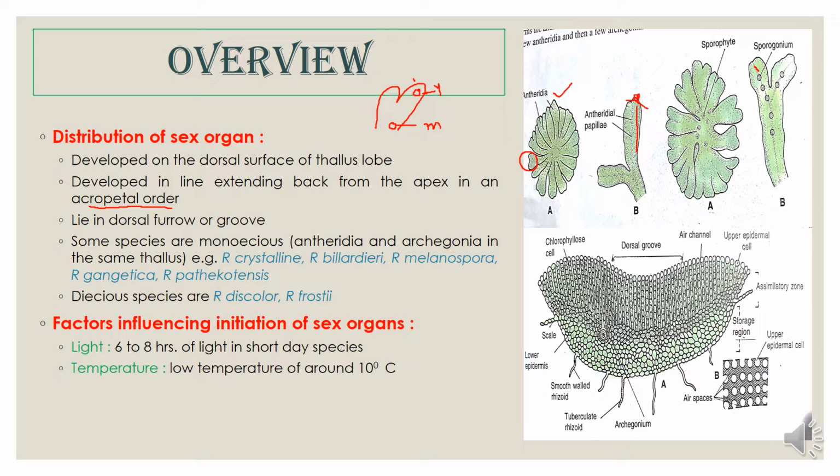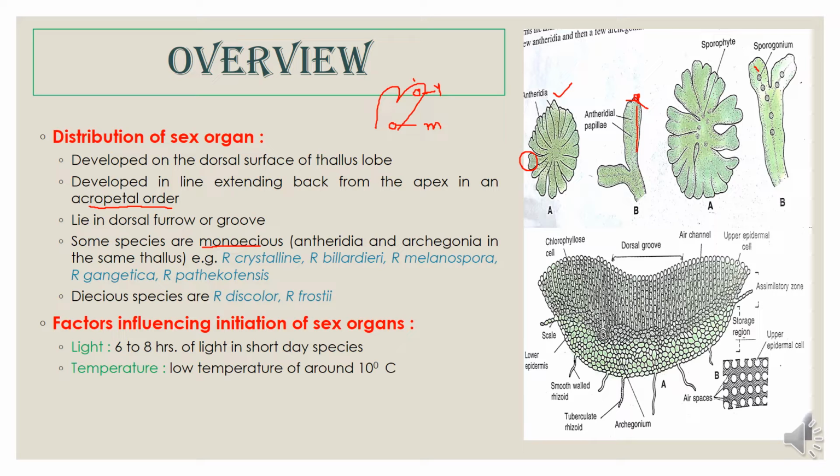And there are two types of Riccia, depending upon whether they have both sex organs in a single thallus. When both types of sex organs, that is archegonium and antheridium, are present in the same thallus, it is a monoecious species.